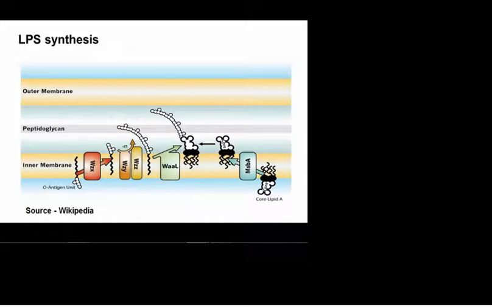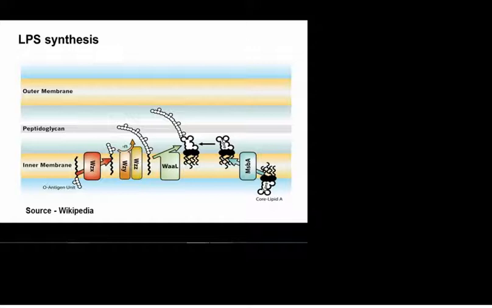Now this is not really in the program for L2, but I think it's useful for you to know to understand how LPS is synthesized. There are two different pathways: one for the core, the lipid A and the core oligosaccharide, and one for the O antigen repeats.